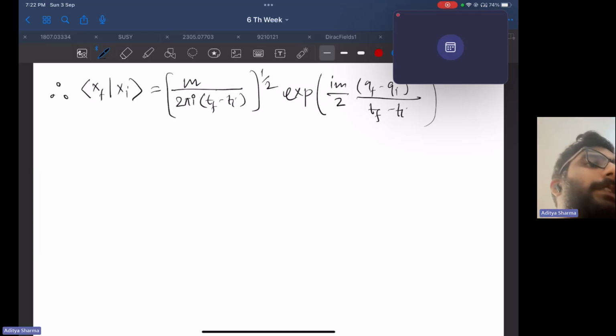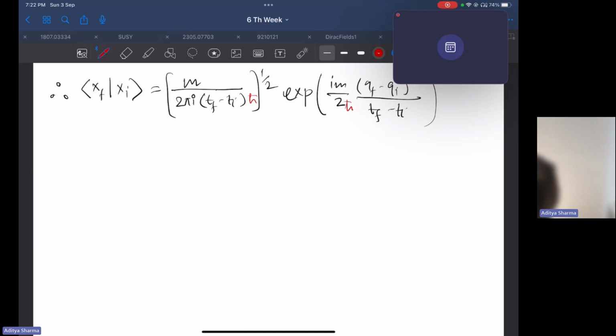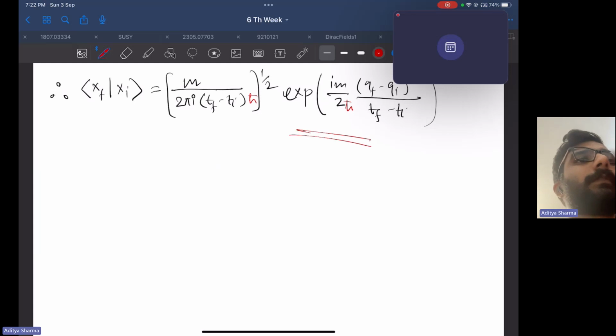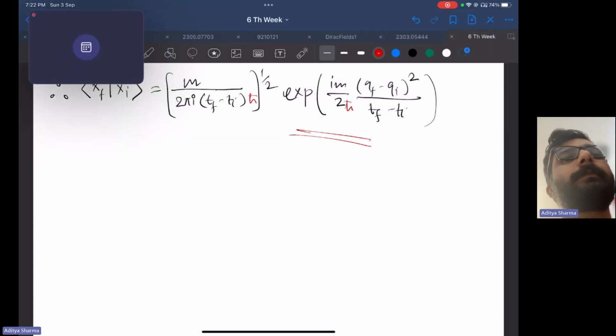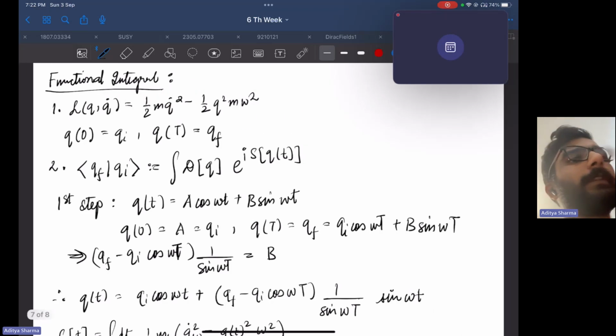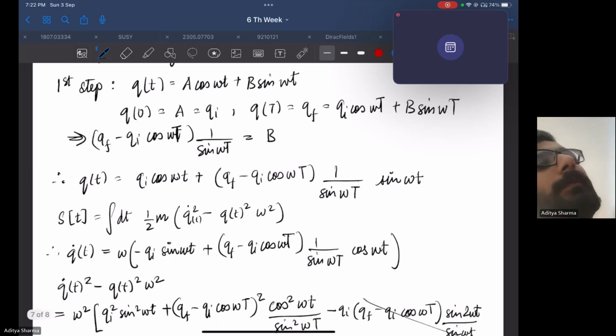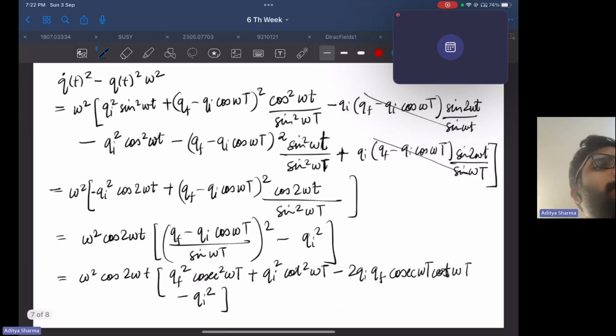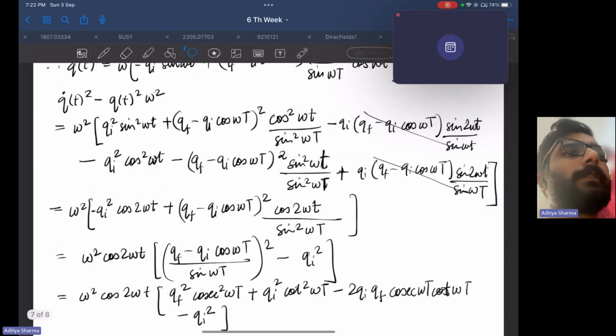There are factors of h cut when you include the h cut. If you include the h cut factors, this will come here and this will come here. So this is the solution. Well, take the harmonic oscillator as homework because I think I've done some mistake in the calculation in this part.